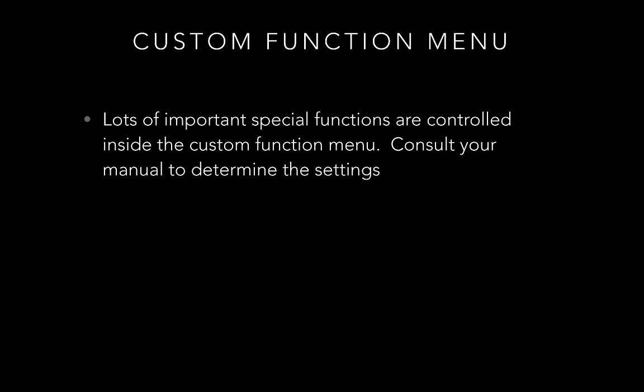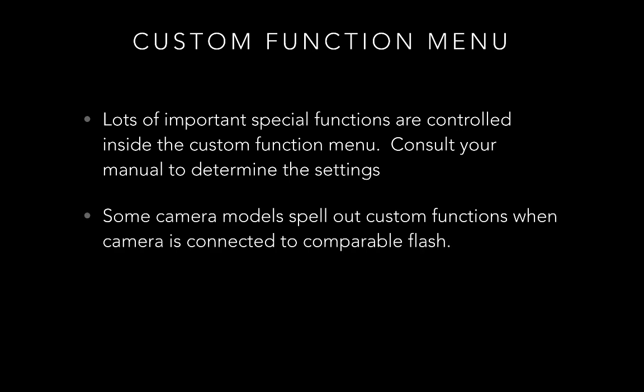So you'll generally want to figure those things out while you're sitting in front of your manual, or while you've Googled the manual and you're looking at the PDF on your computer, because otherwise it's very difficult to understand. Some camera models actually spell out the custom functions when the camera is connected to a comparable flash.